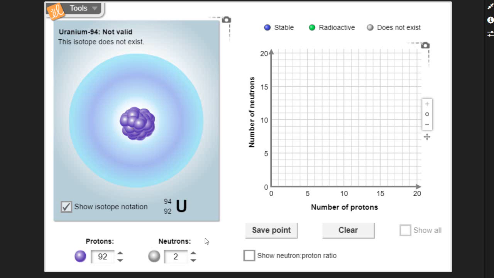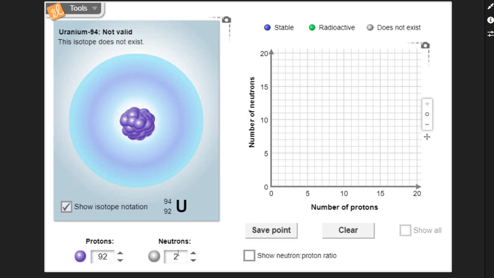Do y'all have a periodic table in your binder somewhere? Uranium, look, it's 92. The bottom number is the protons. It tells you how to find it. Yes, it is on the bottom of the table. How many neutrons does the uranium on the periodic table have?